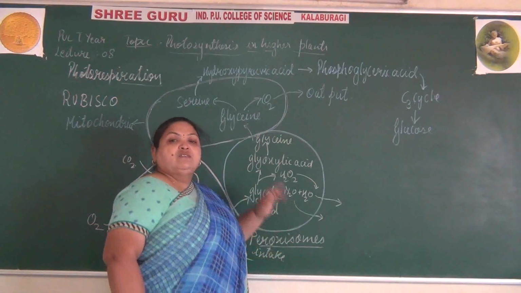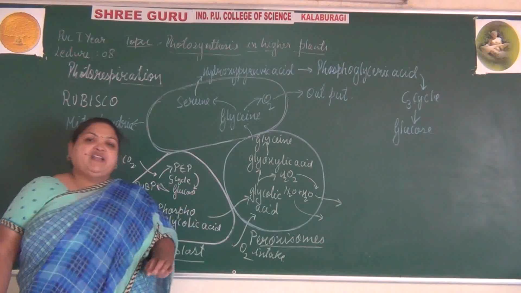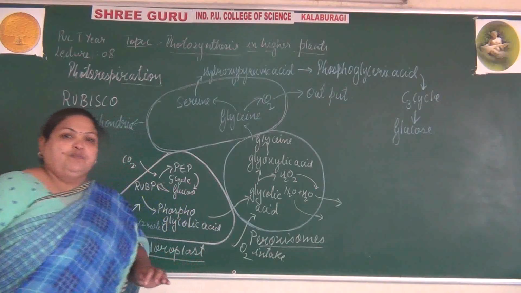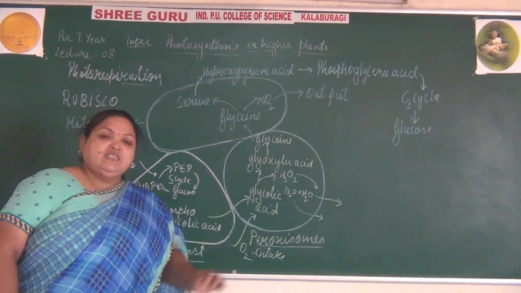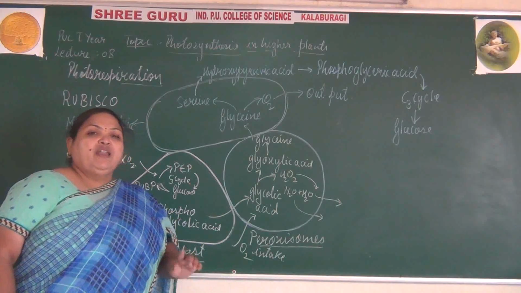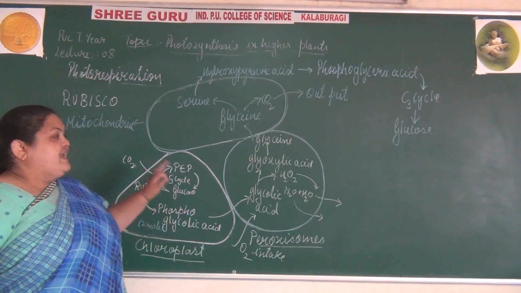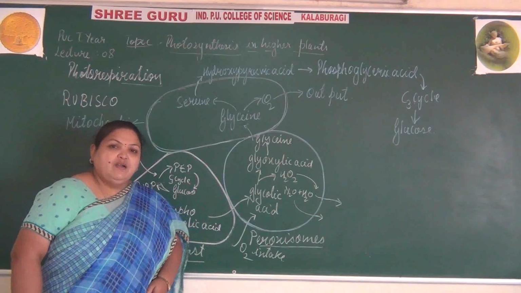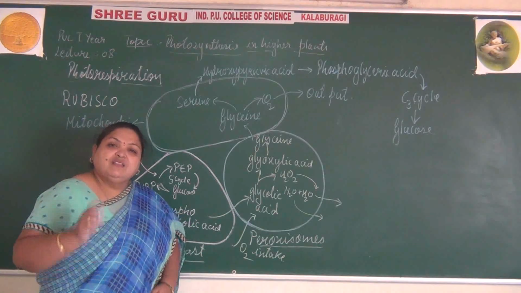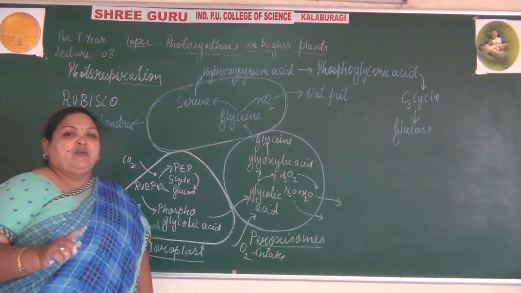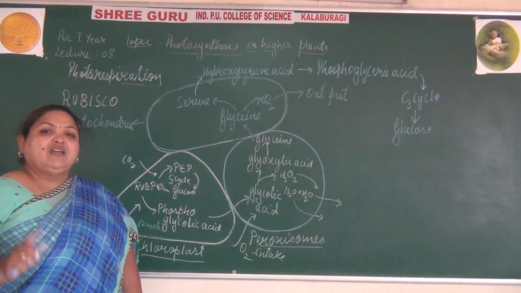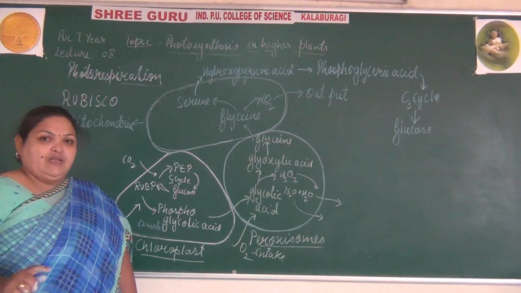In this process there is no synthesis of ATP nor NADPH, but there is excess release of carbon dioxide. This process does not occur in the C4 plants.